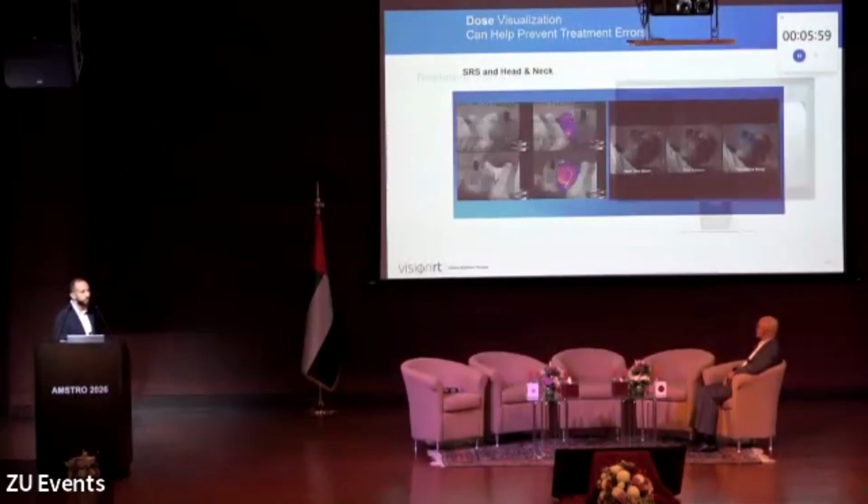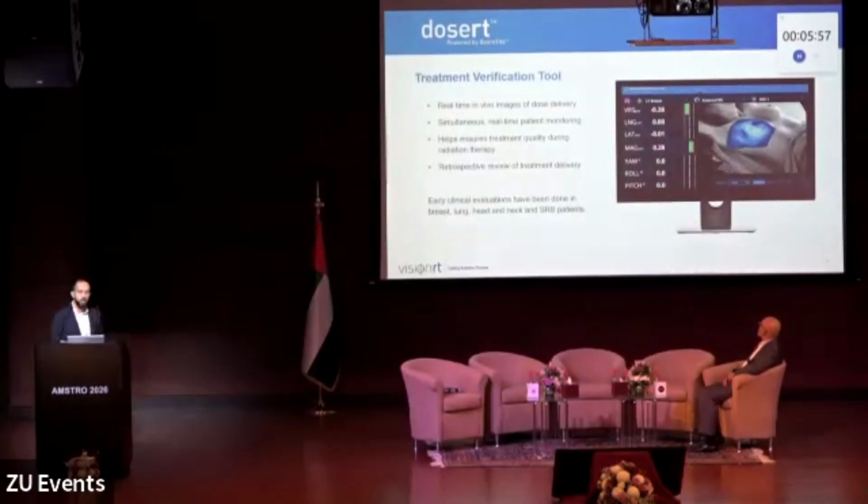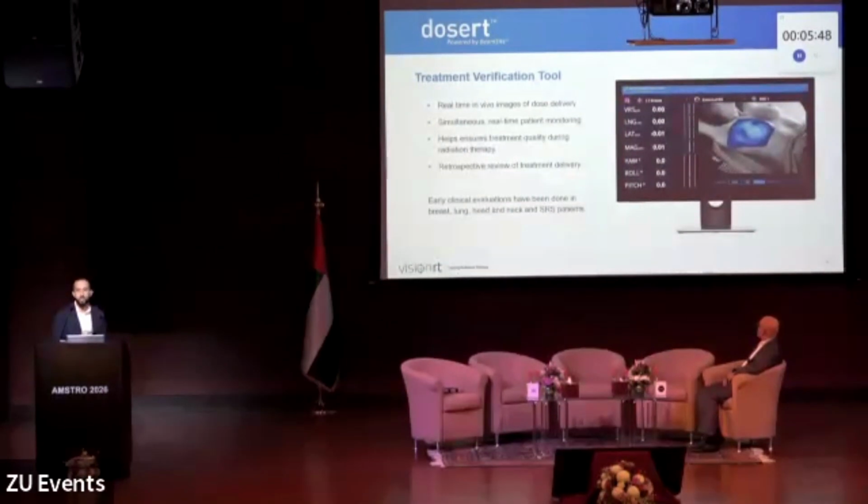So DoseRT will allow us to bring more quality to our treatment. Of course, we now have the possibility to do the setup correctly with the SGRT and the IGRT, but now we can see where we're going to treat our patient, and if there is some sort of error, we can intervene right away during the treatment.